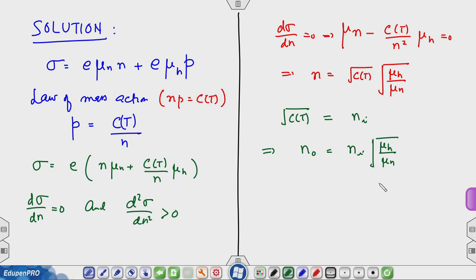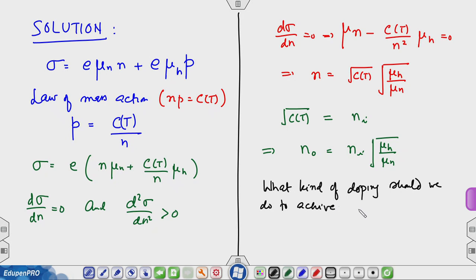The question I may ask here is, what kind of doping should we do to achieve minimum conductivity?